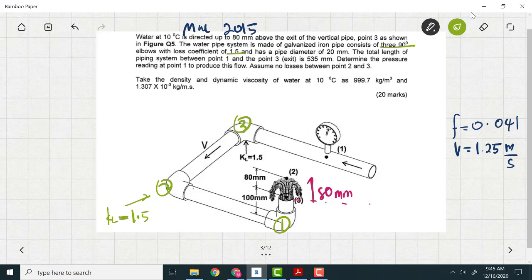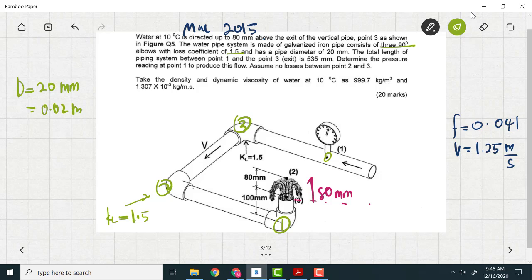And pipe diameter adalah 20 mm. So D diameter pipe 20 mm tukar kepada meter 0.02 meter. Okay, and then the total length of the piping adalah from 1 to 3, dikira pada sini, ke sini.